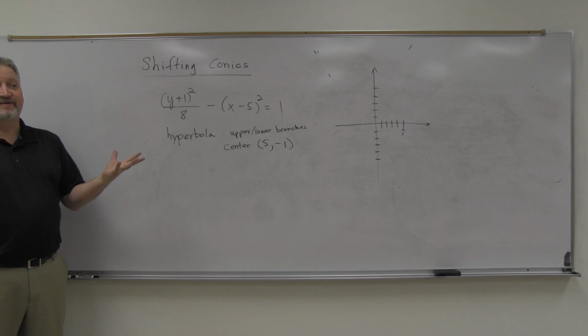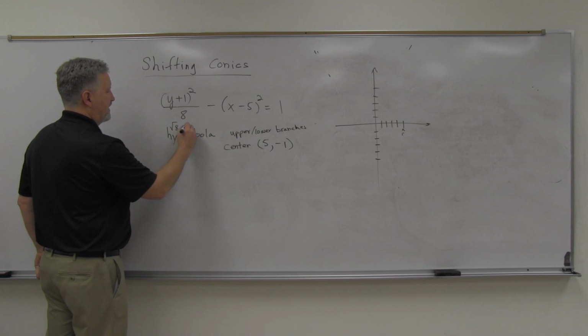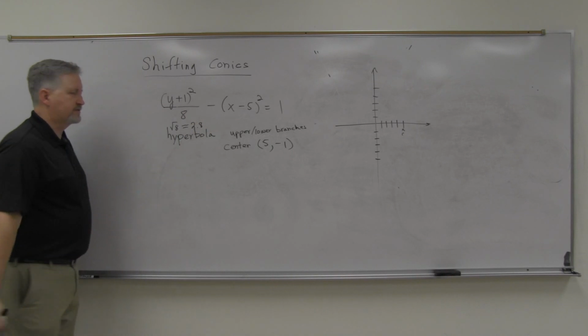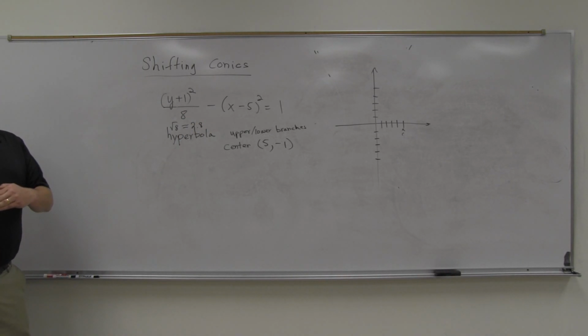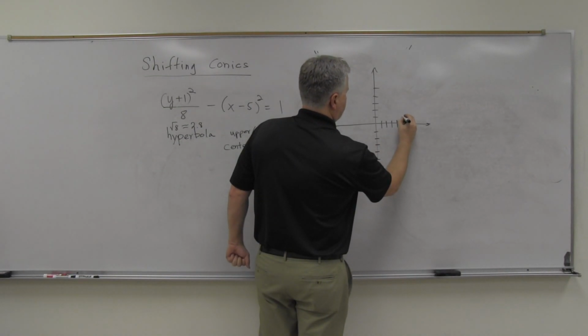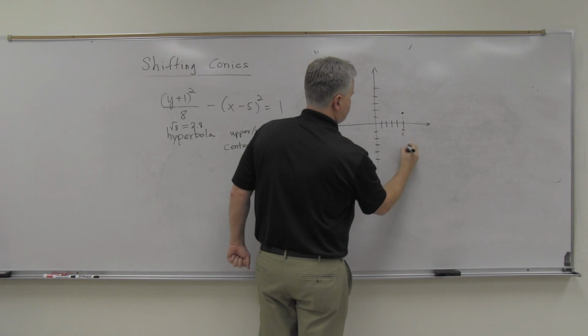What do I go? Square root of 8. So I need to go out in the Y the square root of 8, which is about 2.8. Yep, it's almost. So I would go out 2.8 in the Y, not the 8. I do the square root of 8. So I go 2.8 here, 1, 2, and then 0.8, and then 1, 2, 0.8.